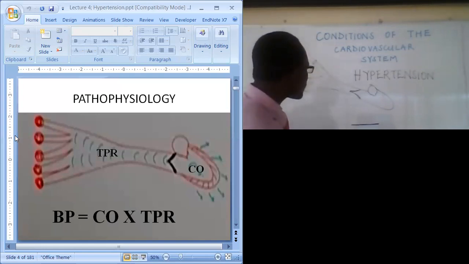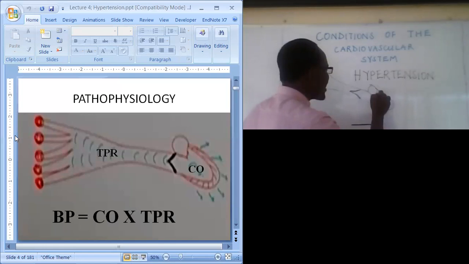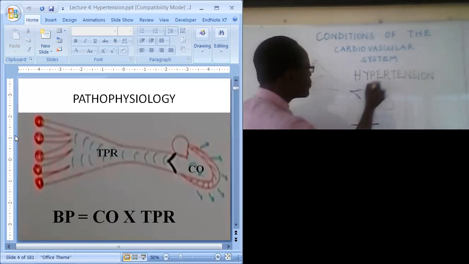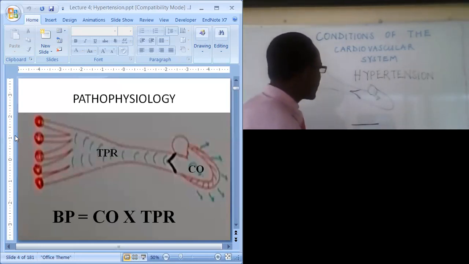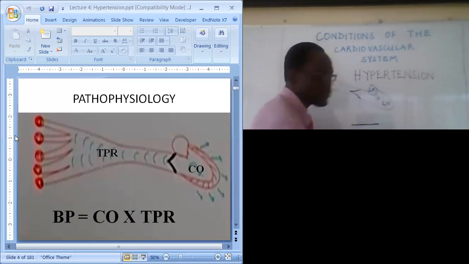Now, assuming that blood has entered from the atria. We are assuming this is the left atria, and then the left ventricle.